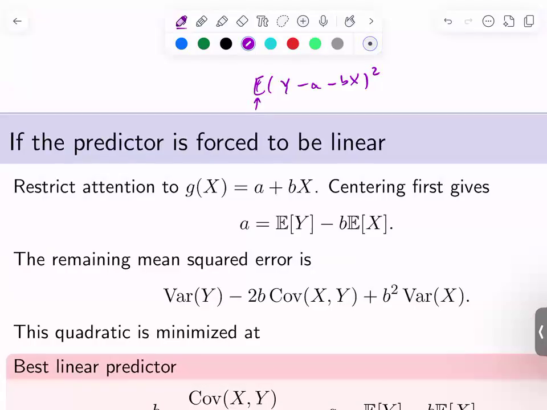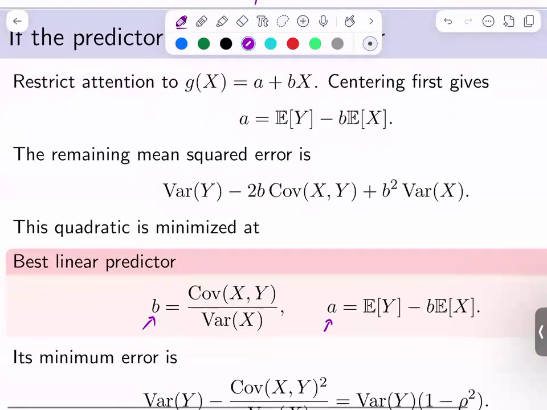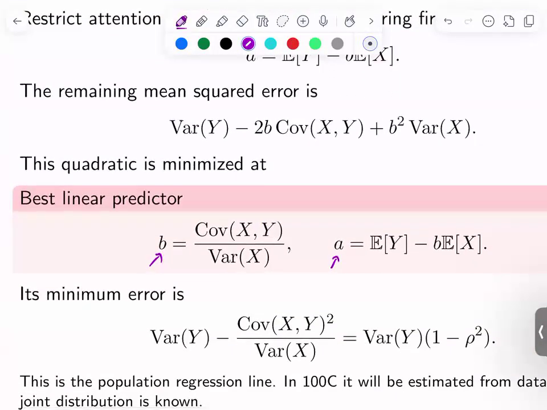So there's an expectation here. In practice, you observe samples, and then this would be a finite sum, like an average. Sorry, not weighted, just the empirical average. But this is the population regression. You've probably seen simple linear regression before.